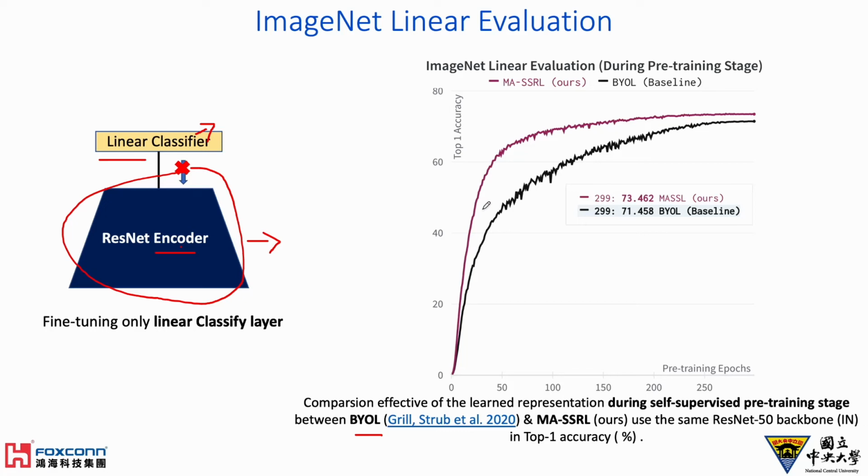We can see that our MA-SSRL, with the help of the multi-augmentation pipeline, achieves much better performance at very early training compared to the baseline. The baseline requires a large number of iterations to achieve the same performance as our pipeline.